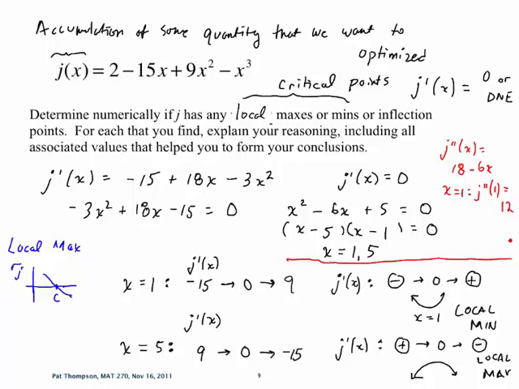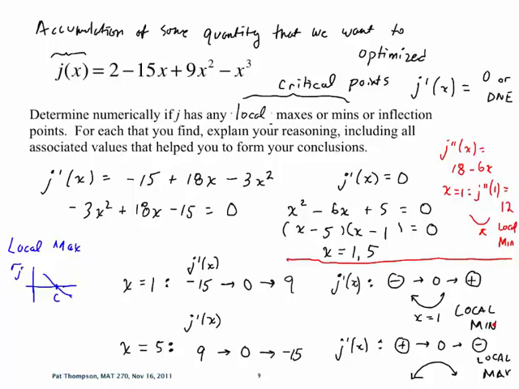So look, we've got a critical value where the first derivative is 0 and the second derivative is 12. What does the second derivative of 12 mean for our accumulation function? Concave up. The rate is increasing, getting less negative and more positive. So if it's concave up with a pause, local min. That's what we said.